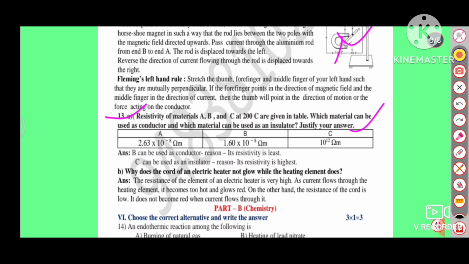Answer: the resistance of the element of an electric heater is very high. As current flows through the heating element, it becomes too hot and glows red. On the other hand, the resistance of the cord is low. It does not become red when current flows through it.